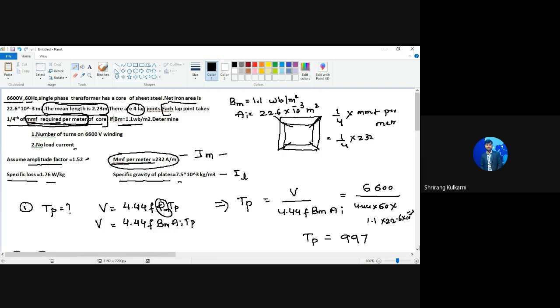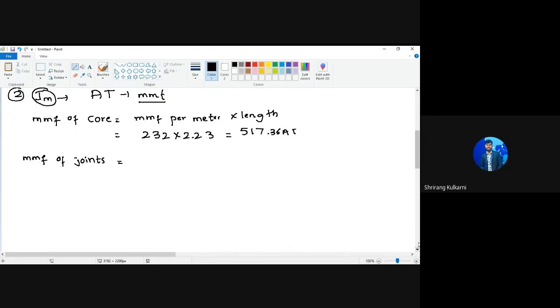So MMF of joints is equal to 1/4 of MMF per meter into total number of lap joints. 4 joints are there. So 1/4 into 232 into 4. 4 of 4 cancel agtava.